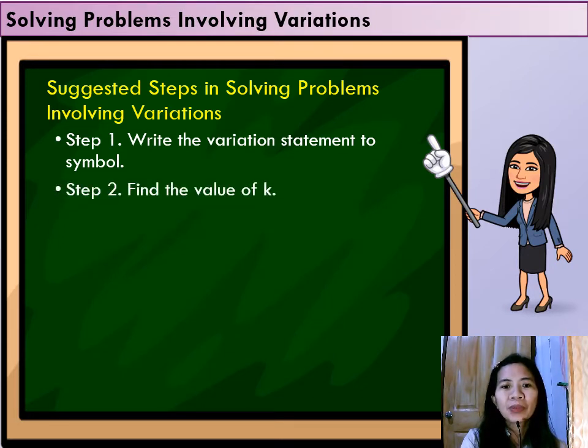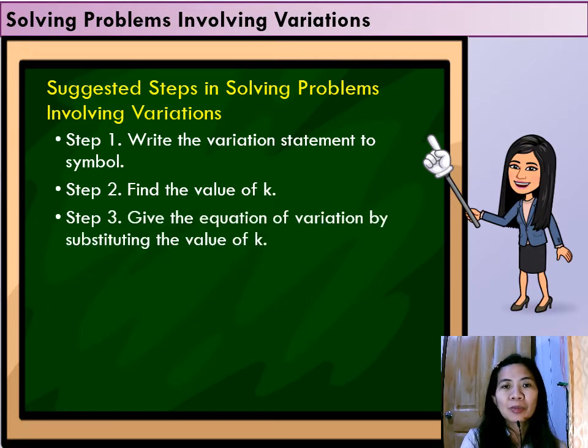Step 2: Find the value of the constant, or k. Step 3: Give the equation of variation by substituting the value of k, or the constant. We substitute the value that we found in step 2 into the equation in step 1. And then step 4: Solve for the unknown.